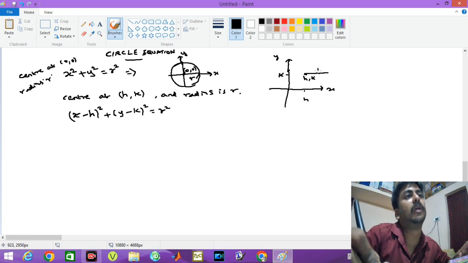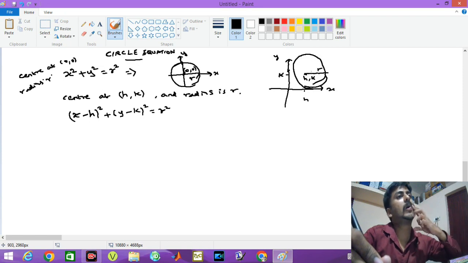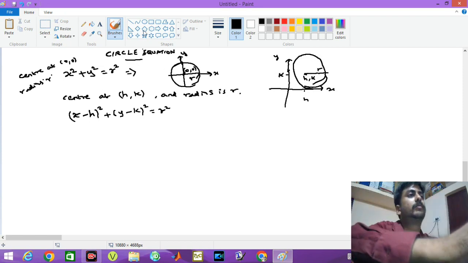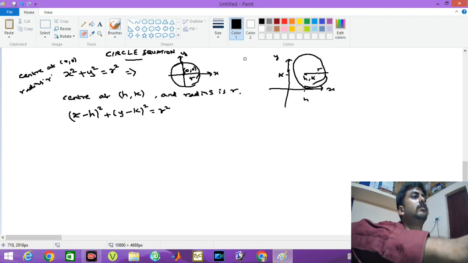With r radius we will have a circle. So this is the second equation.